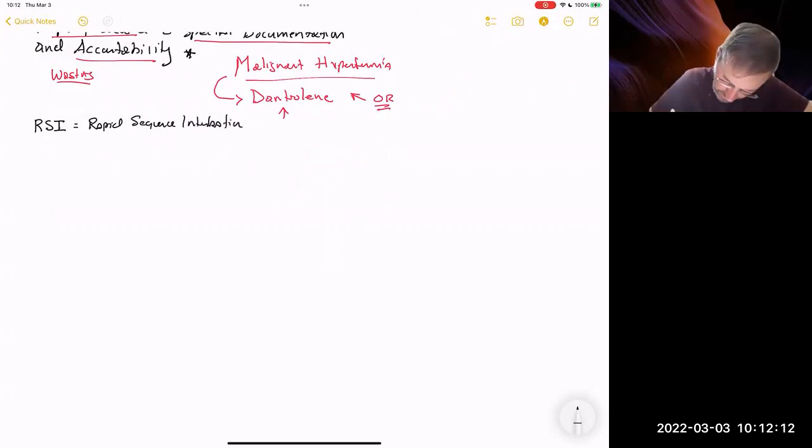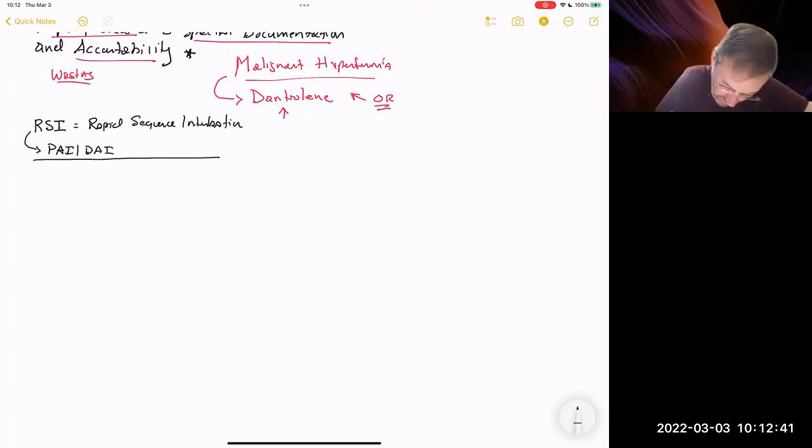And more broadly, RSI belongs to a broad category of interventions that are sometimes referred to as PAI or DAI. That stands for pharmacology assisted intubation or drug assisted intubation or airway management, because there is also something called RSA, rapid sequence airway, that may not involve intubation.